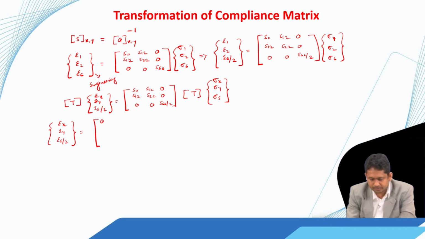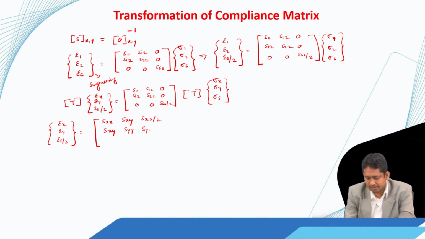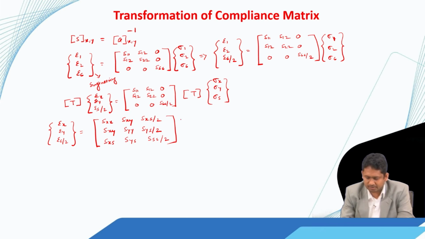Then accordingly we can write epsilon x, epsilon y, epsilon s by 2 multiplied by Sxx, Sxy and Sxs by 2, and similarly Sxy, Syy and Sys by 2, and here we have Sxs by 2, Sys by 2, and then Sss by 4, and then we have here sigma x, sigma y and sigma s.